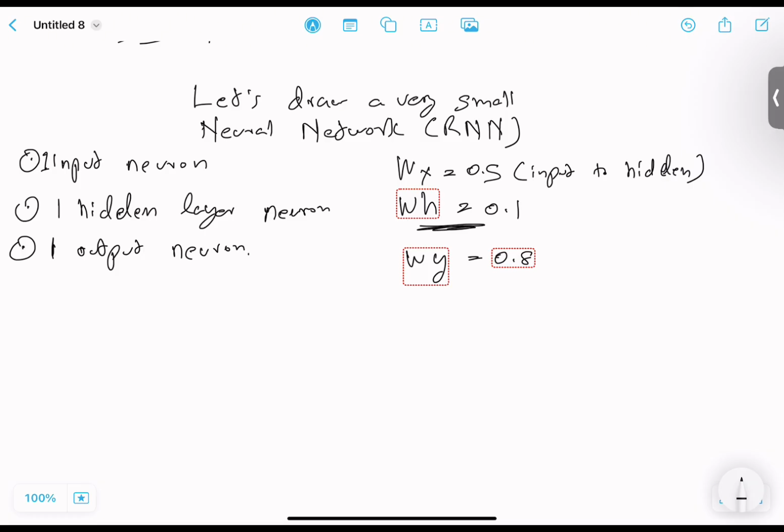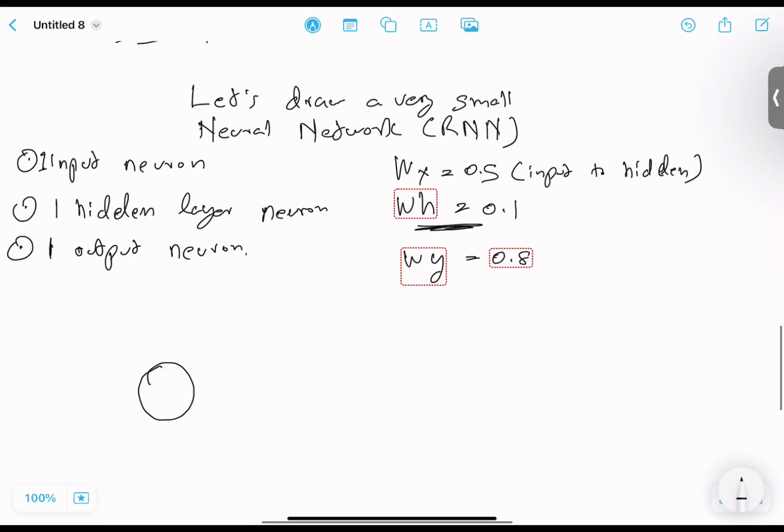Now let's draw the neural network. In a traditional neural network, this will be my input layer, this is the hidden neuron that I told you about, and this is the output neuron.